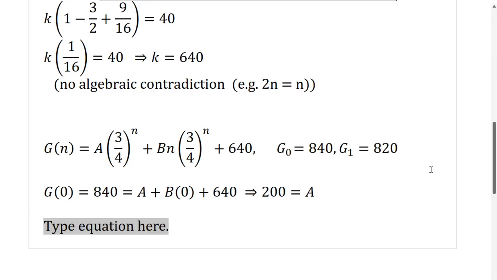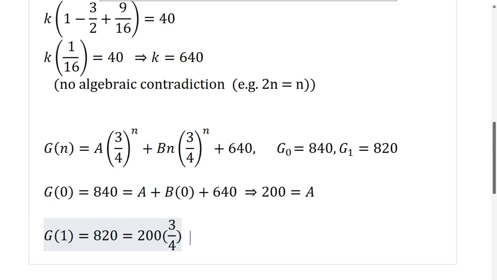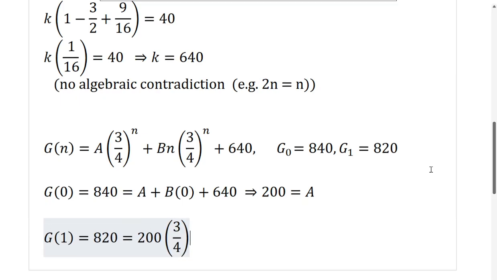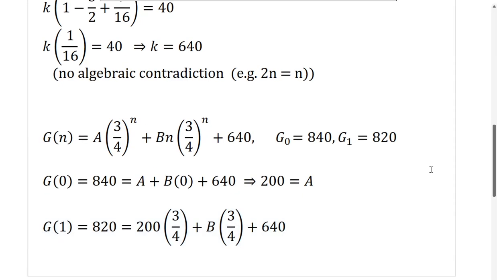Then we do the same thing for G of 1 is 820. And that equals our 200 plus 200 by 3/4, because it's to the power 1, plus B by 1 by 3/4 plus 640. And again, this is going to give us some very different stuff here.